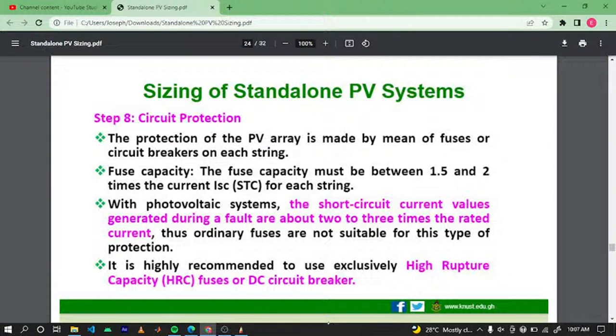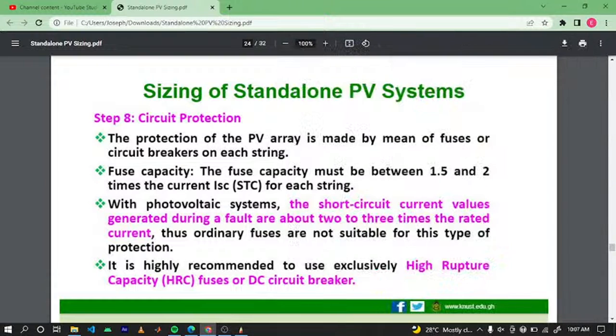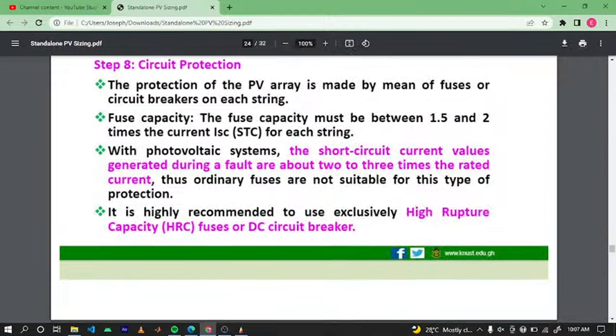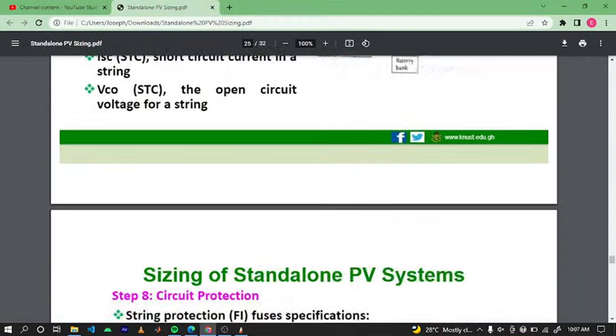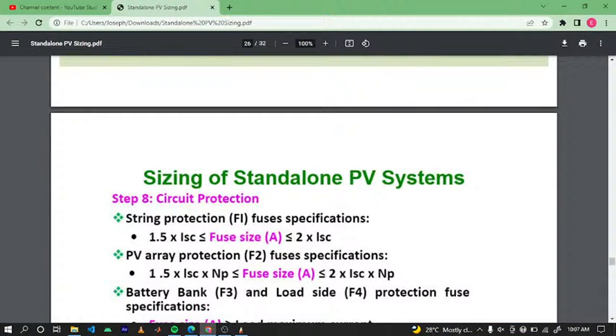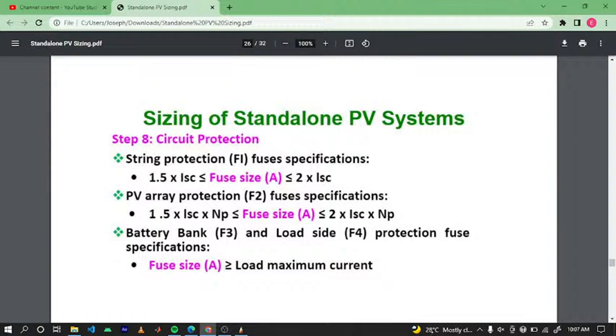That's how you go about it. Let's move on. So that's how you provide protection: first for the strings, then for the array, and then for the battery bank.